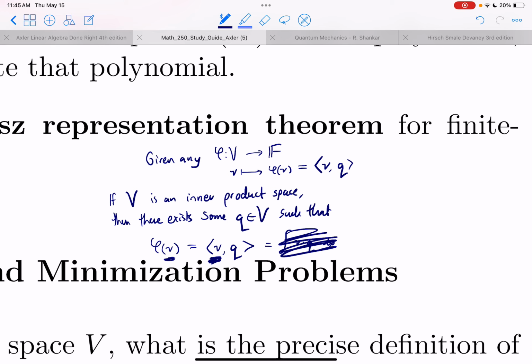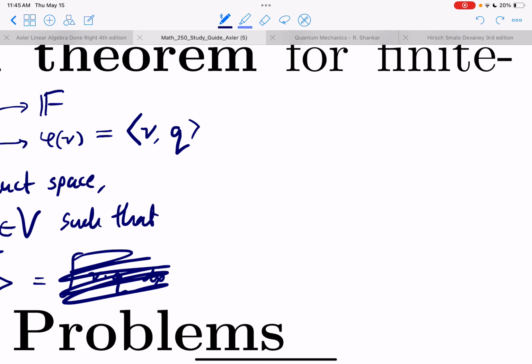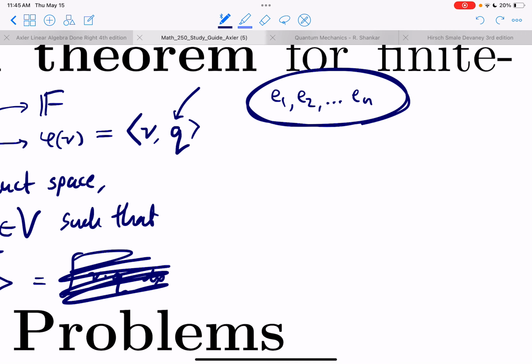Well, that means I need to produce this q. So what can I do to produce q? Well, choose an orthonormal basis. That's the key. Now q won't depend on my choice of orthonormal basis. There are many different orthonormal bases for any space, but just choose one of them, and I'm going to figure out what q is.